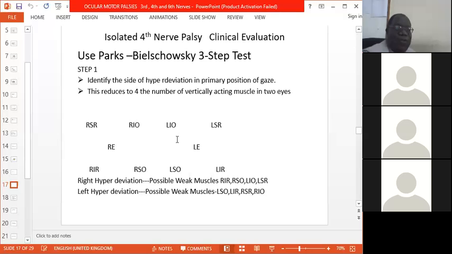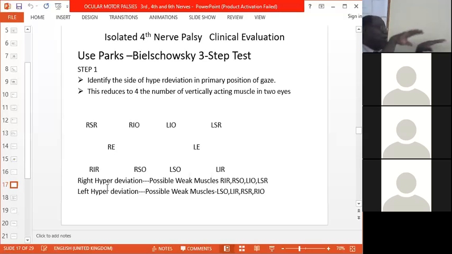Okay? So if there is a hyperdeviation in the left, what does that mean? The muscles which depress the left are weak. And also, the muscles which elevate the right maybe are slightly weak. So it's this weak and this set weak. This will be appearing higher than the other eye.